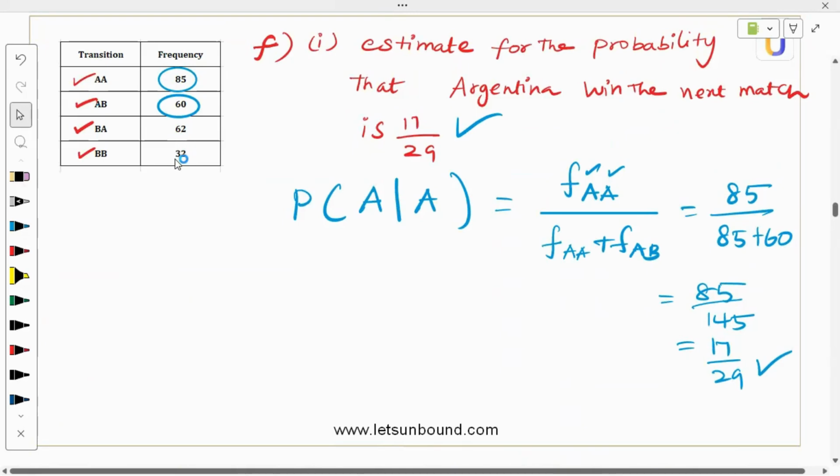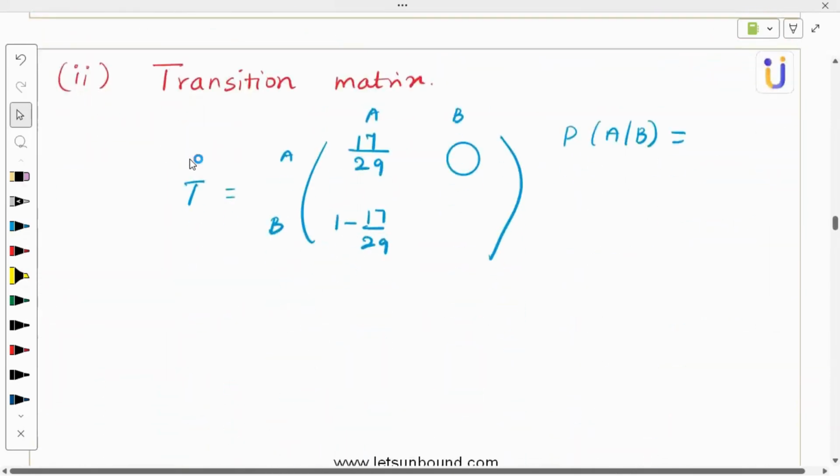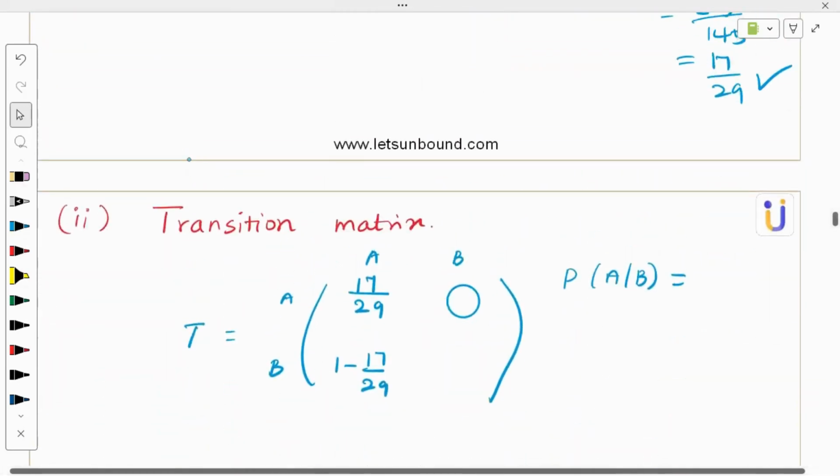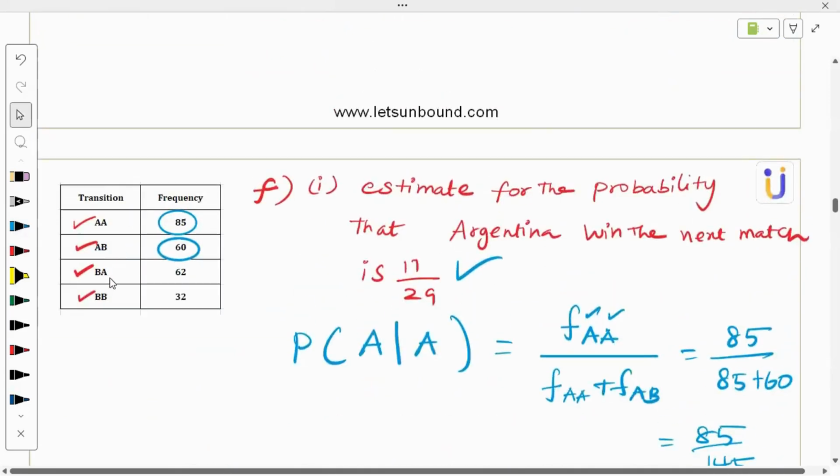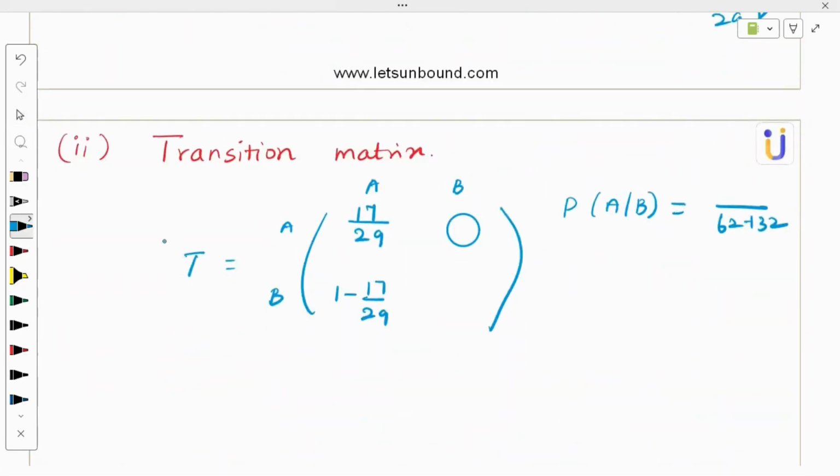So this is going to be 62 plus 32. In that I want Argentina to win the match. So there it is A1. That is the BA part. The frequency is 62.